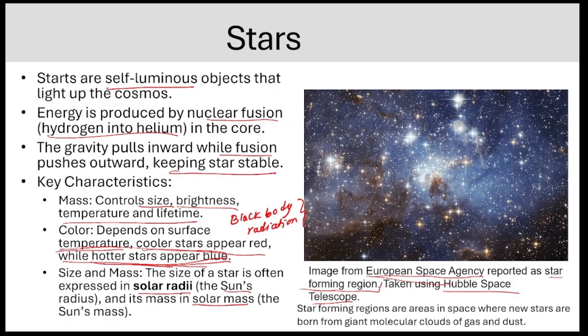And we should also know that stars vary in brightness as well as in their composition. However, all these stars with different brightness and composition are what give light to this cosmos.